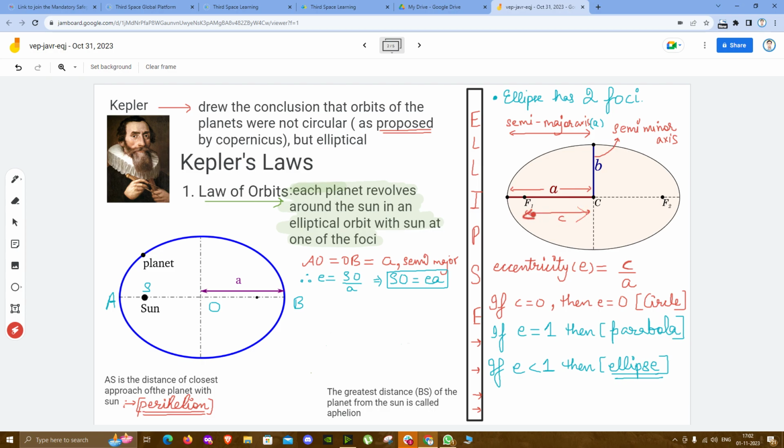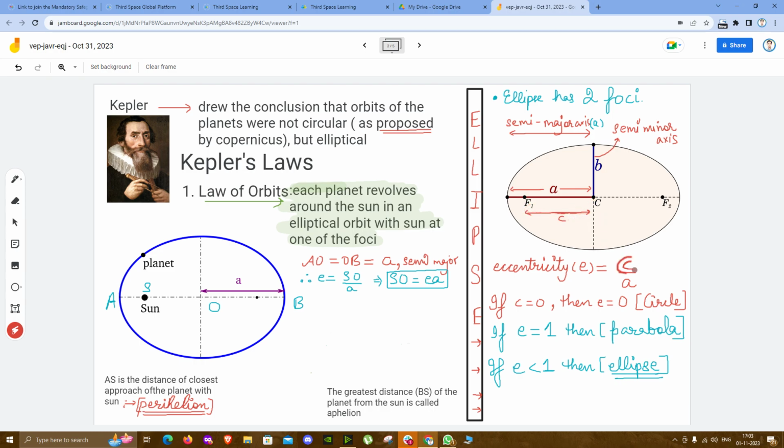What do you mean by C is 0? What happens here is that if you stretch, or you can say you press this figure inside such that the F here comes to this point. Okay, all the focus is here now. Let's say the focus moves here. So what will be the value of C in that case?